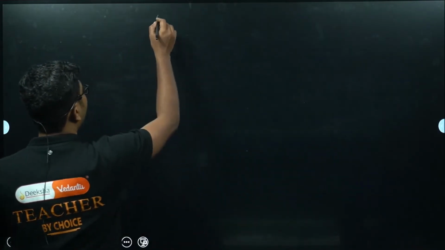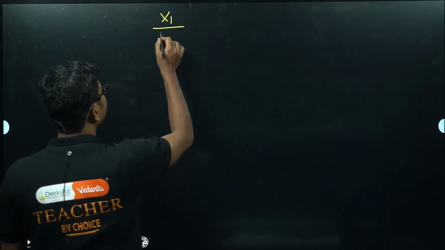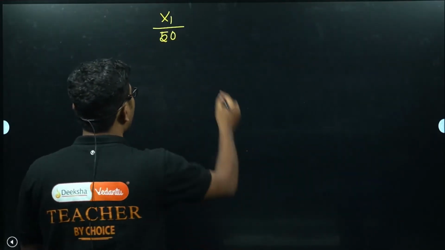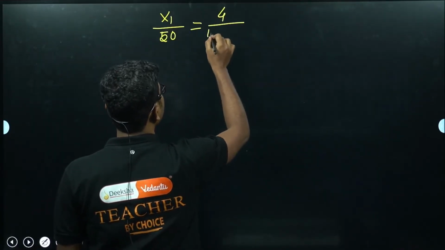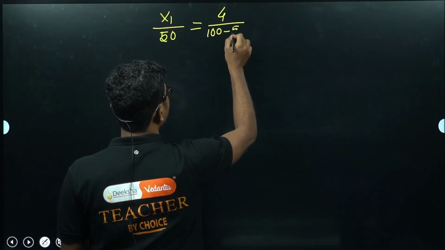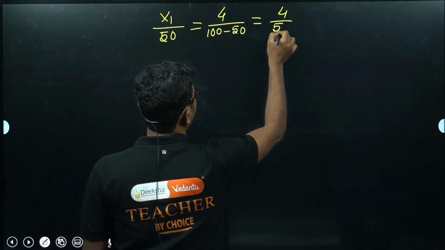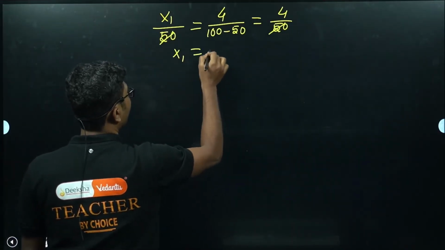So in the first part, say the resistance was X1 at 0 degree Celsius. Where you get the null point? The null point was received at 50 centimeter, and S is given as 4 ohm, and the other one is 100 minus 50, that is again 50. So 4 by 50, the 50s cancel. So X1 is 4 ohm.